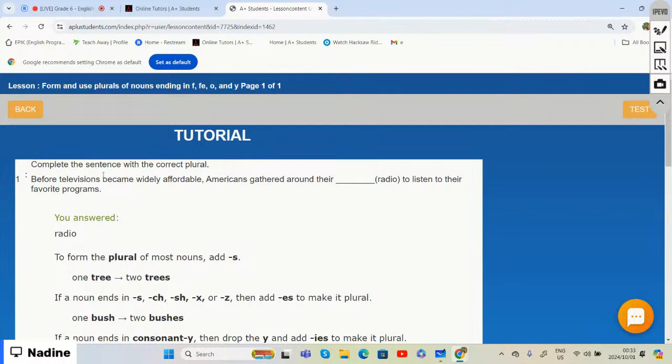It says before televisions became widely affordable, Americans gathered around their radio to listen to their favorite program. Radio. We need to change that word to a plural form. One radio, two or more radios. How are we going to write radios? To show the plural form of radio.